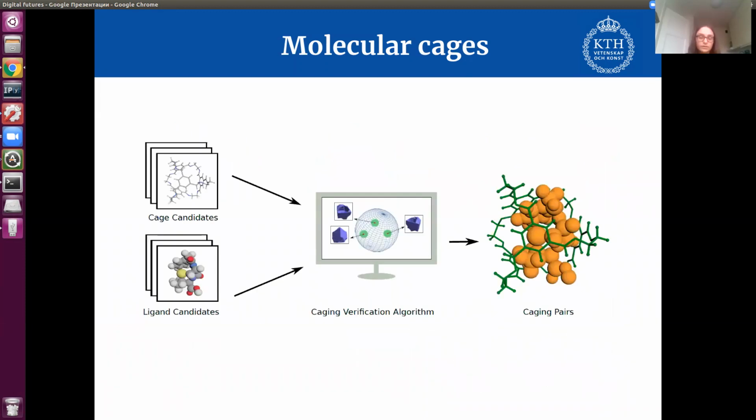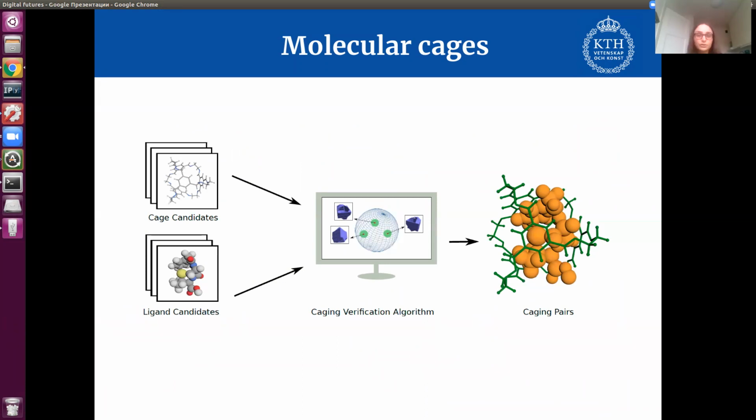In this kind of context, an interesting research question is to help chemists find good pairs of molecules that can restrict each other's mobility. Usually when a chemist works in a chemical lab, synthesis and testing of these pairs of molecules is a really challenging task. It can take a long time and it's also quite expensive.